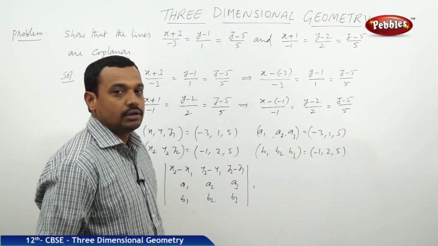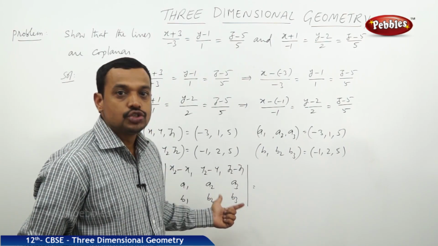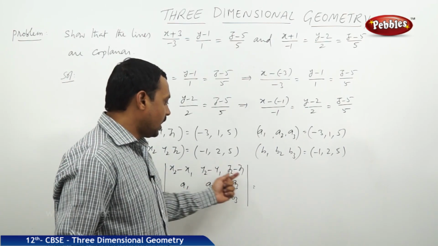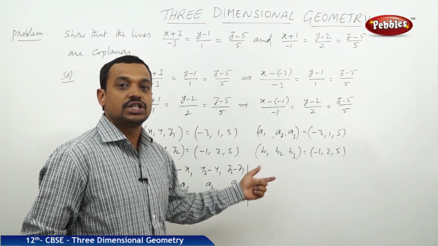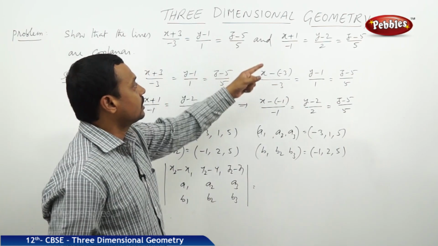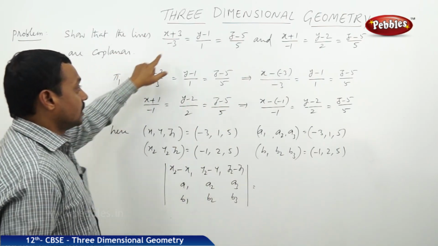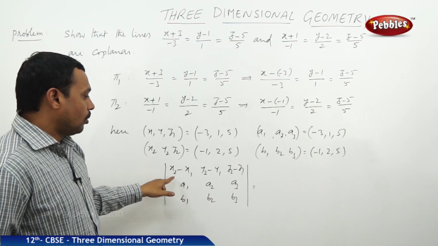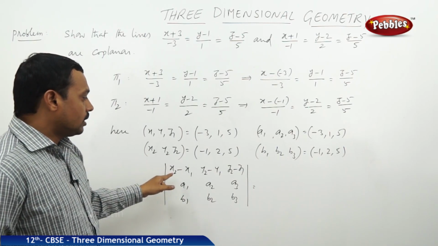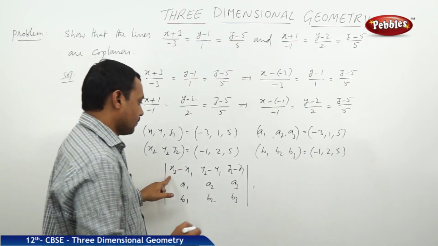Now, let us check whether this determinant value is 0 or not. If the determinant value is 0, then the condition is verified. Hence, the lines are coplanar. Now, let us see whether the determinant is 0 or not.